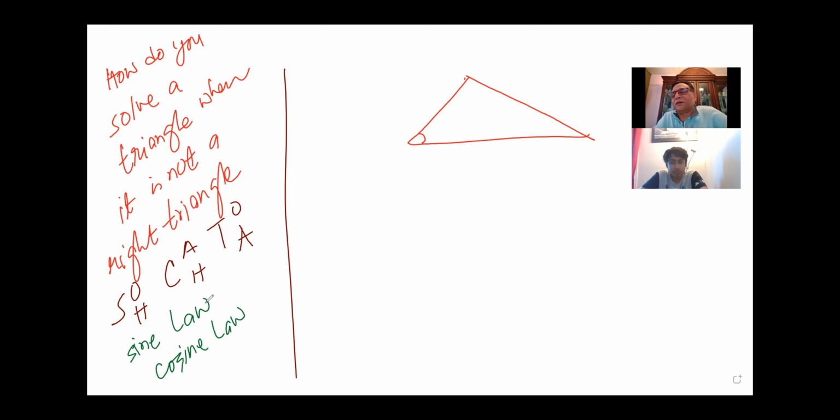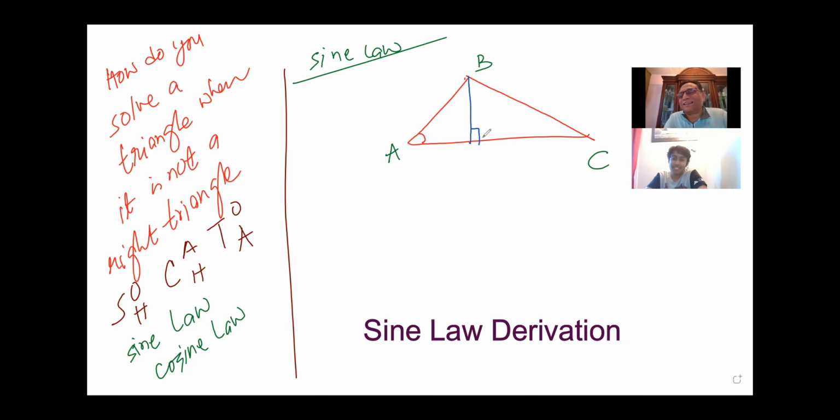So let's first understand sine law. If I do not have a right triangle, let's say I have a triangle ABC, which is not a right triangle, no problems. I can always draw a perpendicular and make two right triangles, correct? So that way I could solve.